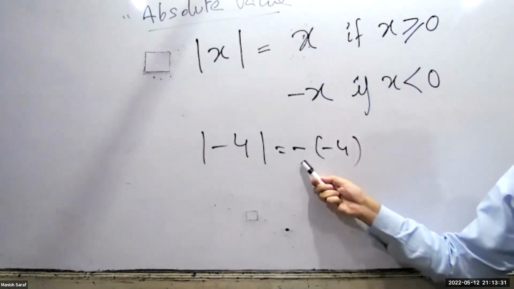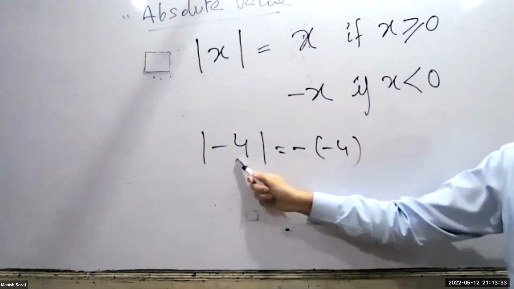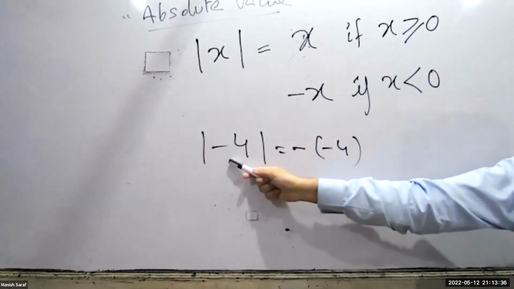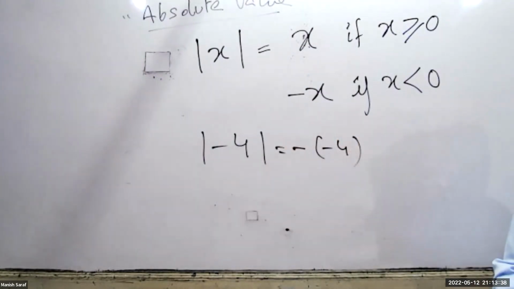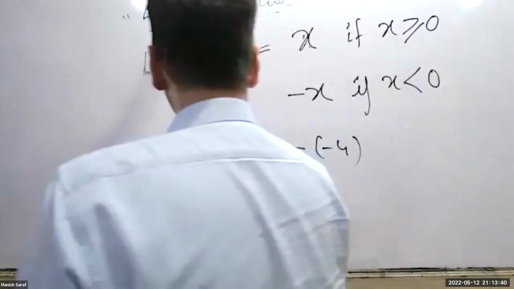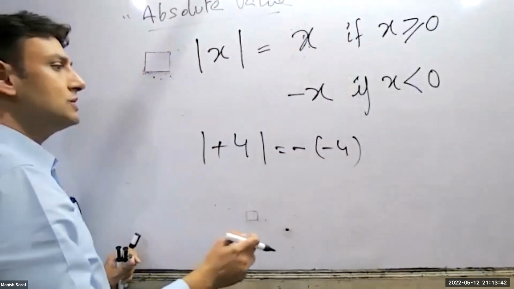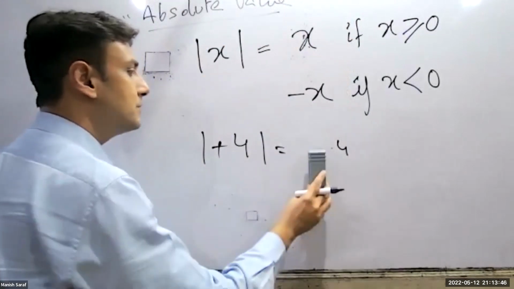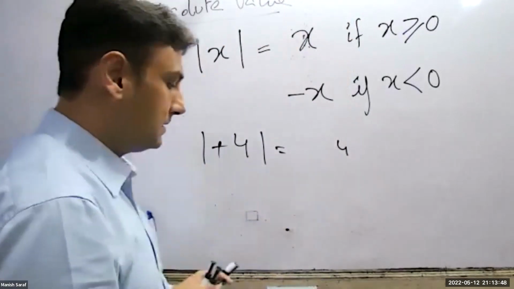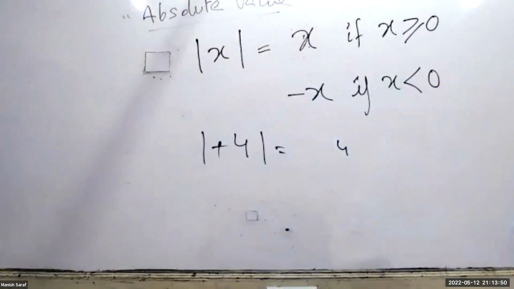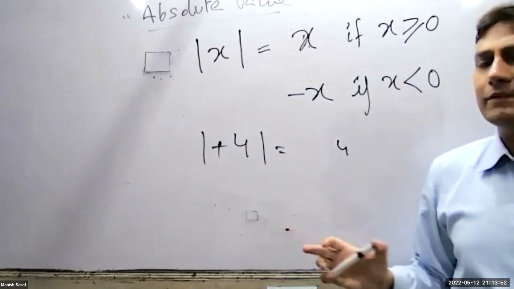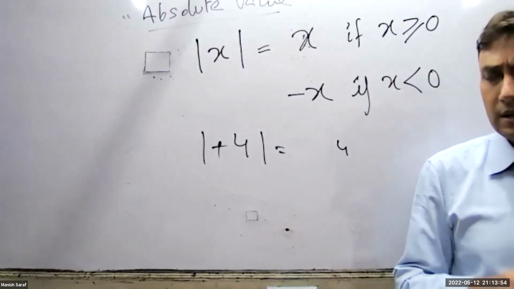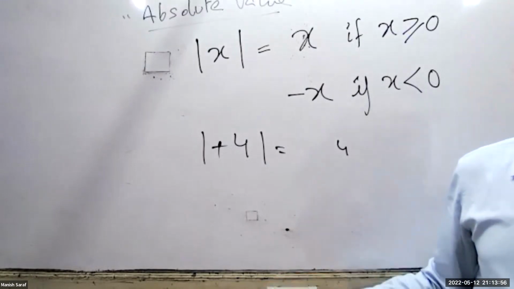Take x and change its sign if it is negative, because this is less than 0. Had it been plus 4, which is greater than or equal to 0, I would not have done anything. I would have reproduced it as it is. This is absolute value, concept 1 that we must remember. Any doubt here?